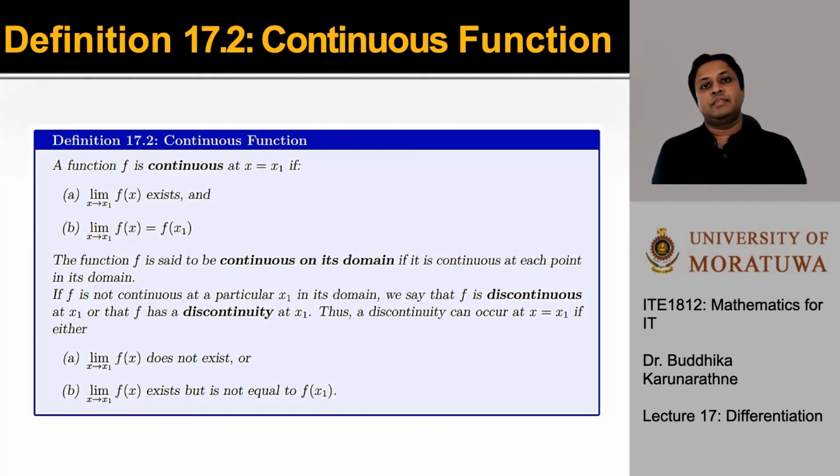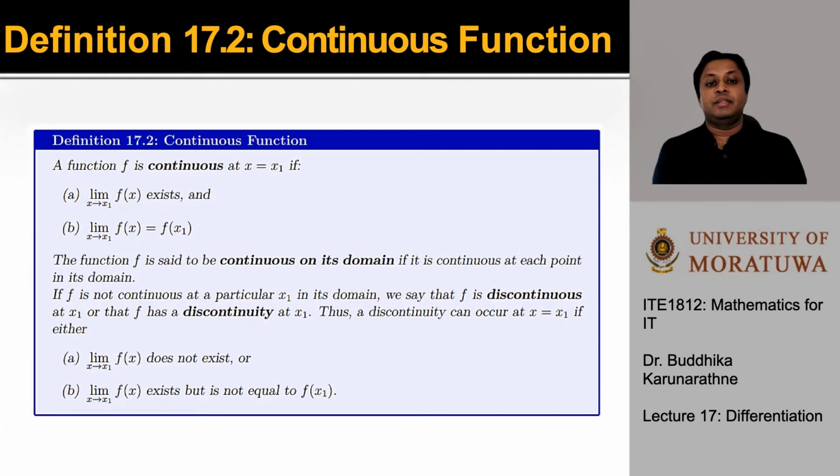The function f is said to be continuous on its domain if it is continuous at each point in its domain. So for all the points, the function has to be continuous throughout that interval.